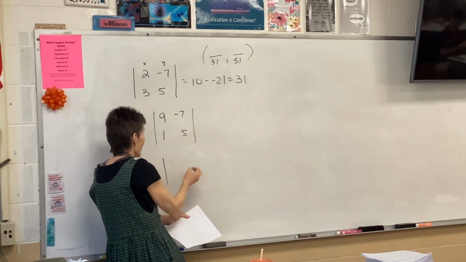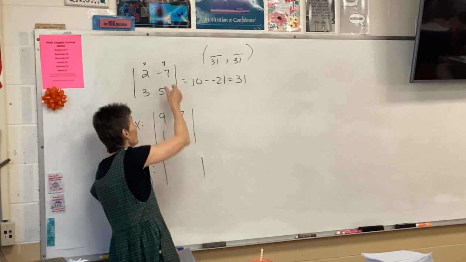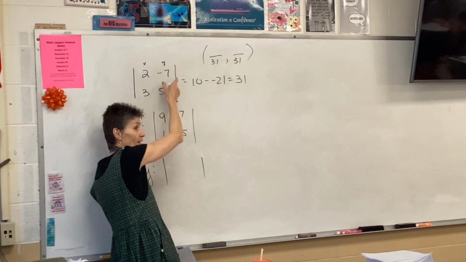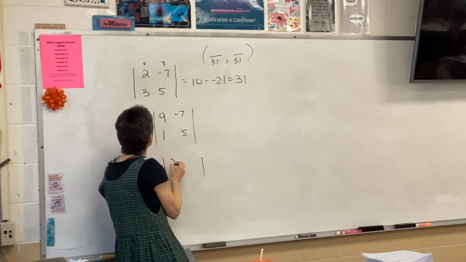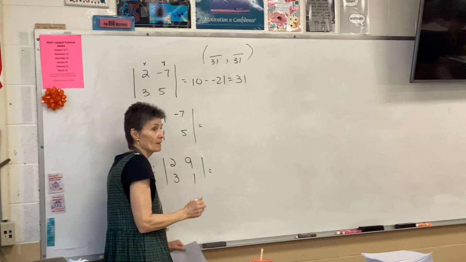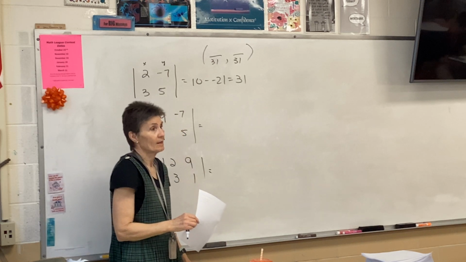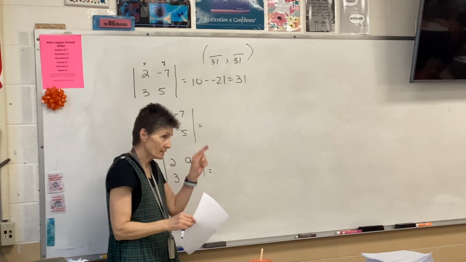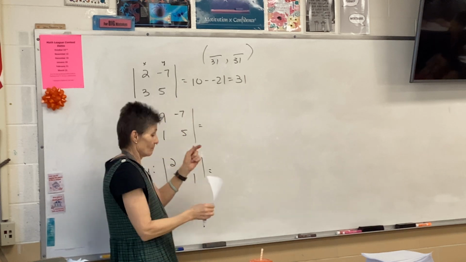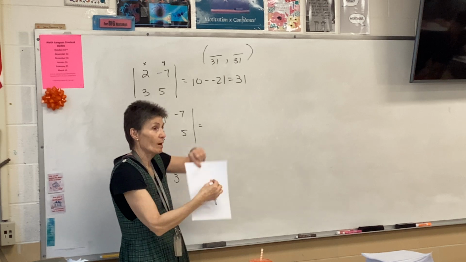For y, I will do exactly the same thing, only the 9 and 1 are going to go in here for y. So I'll have 2 and 3, and then 9 and 1. So we replace the x and the y, one at a time, with the 9 and 1, the constant numbers in the problem.